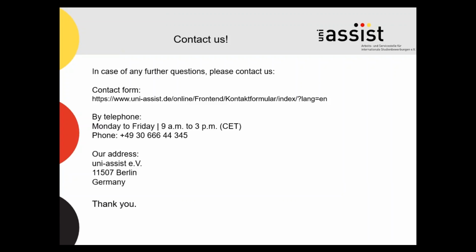It is good if you have that information in mind, that it could be a different way of proceeding with your application. But if you have two nationalities, also ask the university how to proceed, as it could be a different quota that you could be in if you apply as a German citizen or as an international citizen.